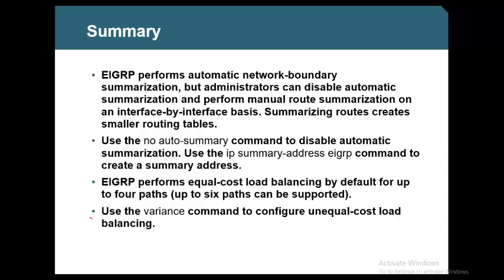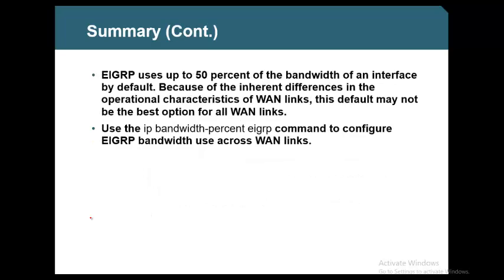We can make EIGRP consider paths of different metrics as long as they are there in the topology table. And then finally we saw that if the bandwidth is not exactly the same as the bandwidth on the link, we can specify how much is the committed information rate.